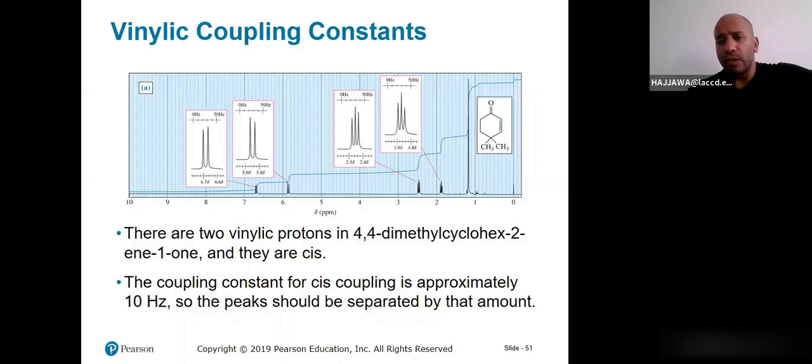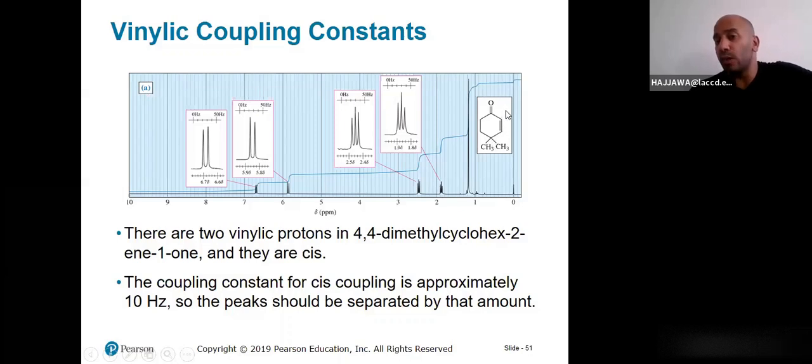Here's some more examples where you would see basically an alkene hydrogen, and you have the two methyl groups, and you have the CH2s. Okay, so one hydrogen on that side of the alkene is different than the other. How could it be different? Well, this hydrogen is closer to a carbonyl. This hydrogen is closer to an alkyl group.